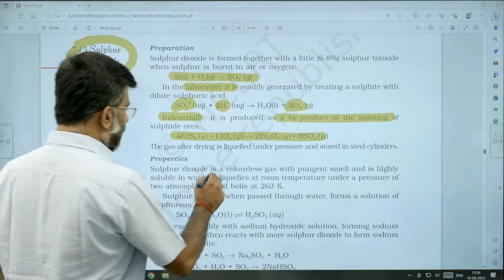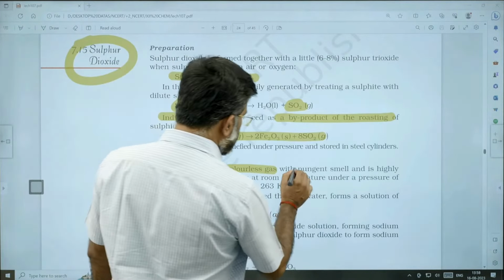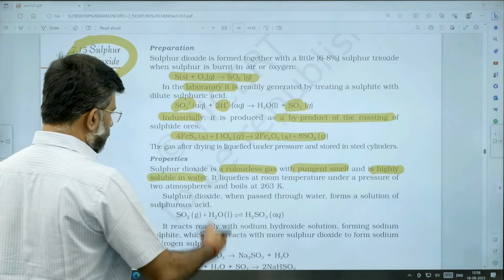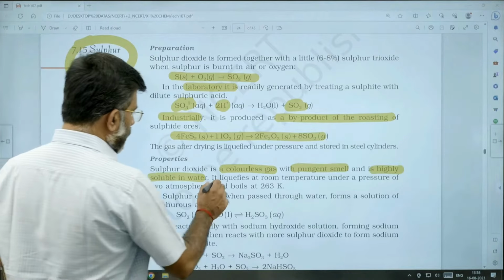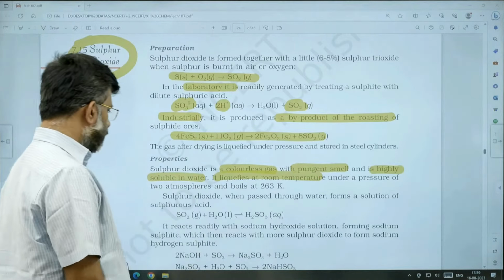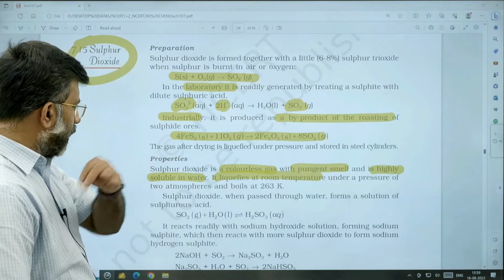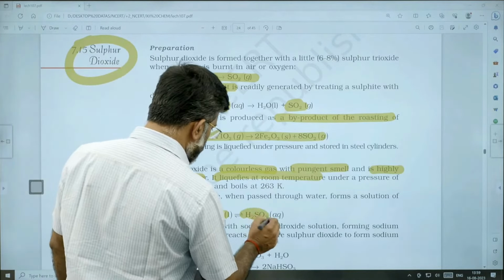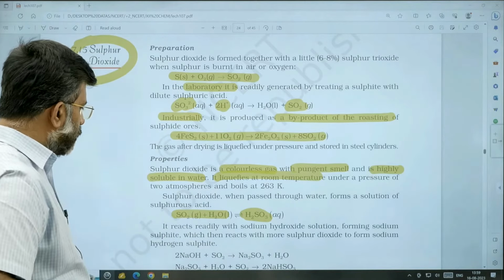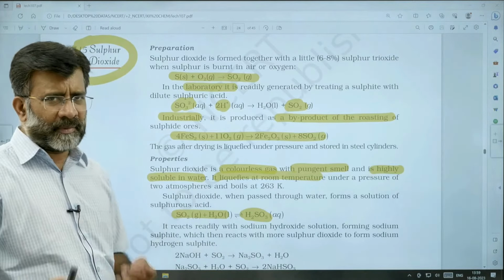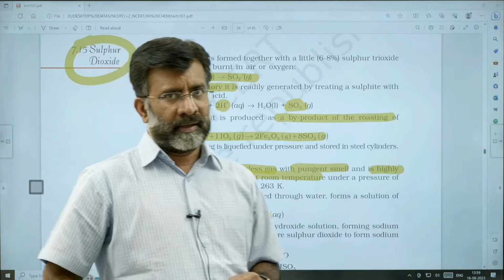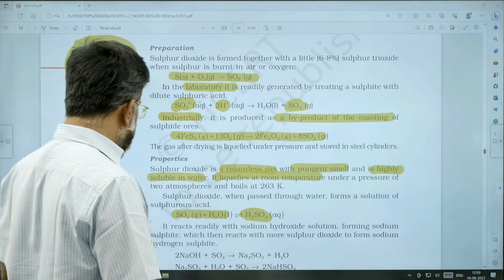It is a colorless, pungent-smelling gas, highly soluble in water, and liquefies at room temperature under a pressure of only 2 atm. When passed through water, you get sulfurous acid. Sulfurous acid is not a stable one, but its salts are stable.